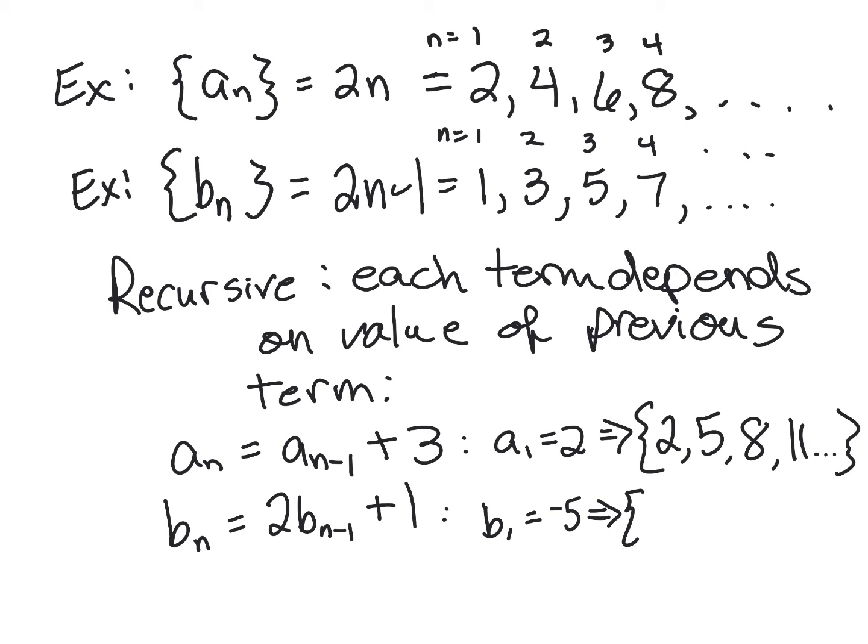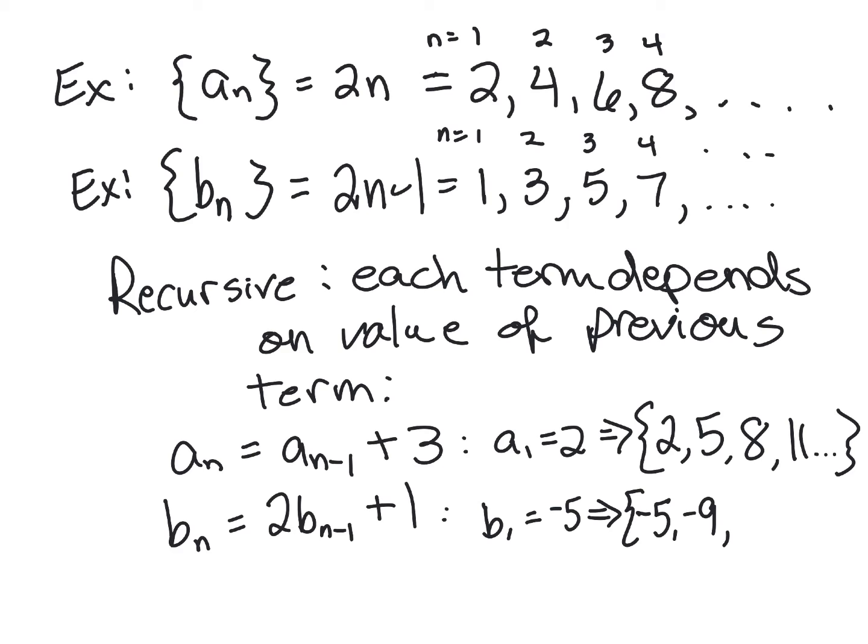So if b1 is defined as negative 5, then 2 times negative 5 is negative 10, add 1, and we get, what? Negative 10 plus 1 is negative 9. I can't think, sorry.